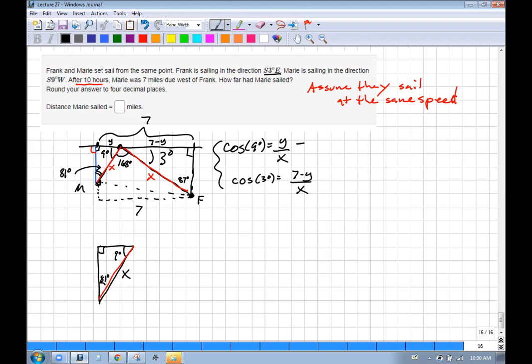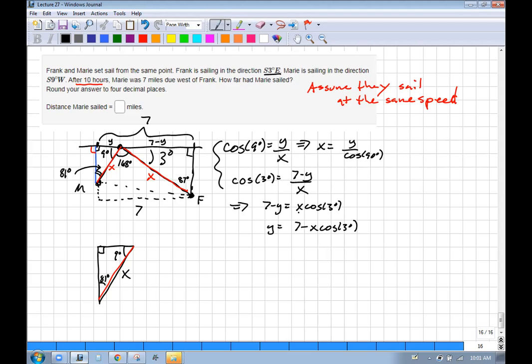This one says that x is y over cosine of 9 degrees. And this one says that 7 minus y would be x cosine of 3 degrees. So y would be, let's subtract 7, 7 minus x cosine of 3 degrees.